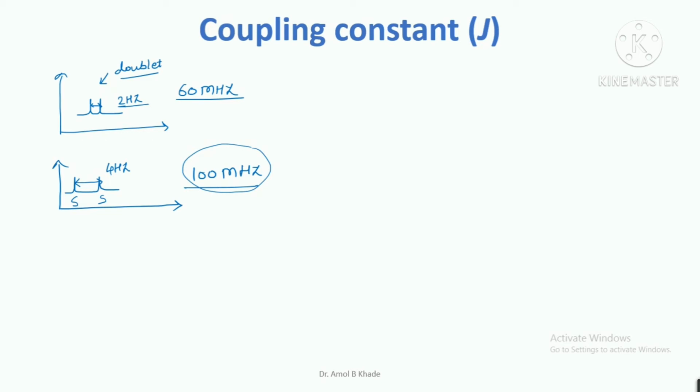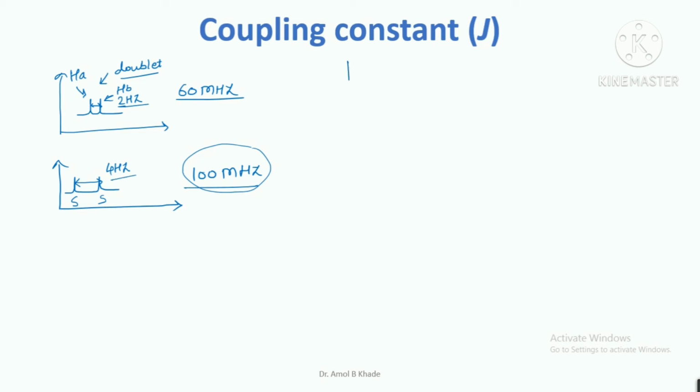But as you are increasing the instrument specification from 60 megahertz to 100 megahertz, it is getting changed. So that is a clear indication. In that case, we can say this is one proton, proton A, and this is a different proton, let's say proton B. These two protons are not connected to the same carbon, they are totally different here, because they are departing from each other and the coupling constant is different.